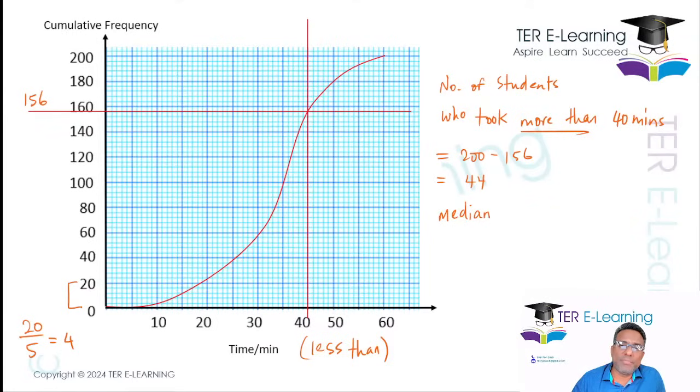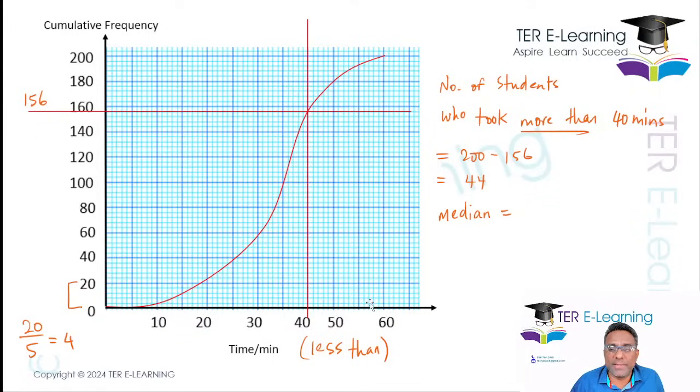What's the median time to get to school according to this graph? Alright, so I've seen some people saying 34, 35 minutes.